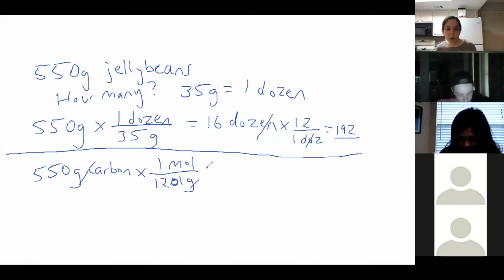So this will cancel out grams, we get moles. So 550 divided by 12.01 would give us the moles of carbon. And that would equal 45.8.